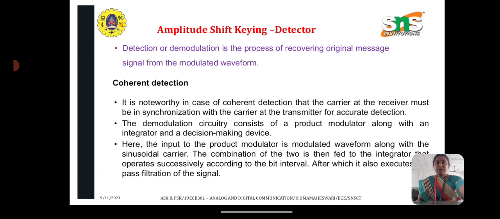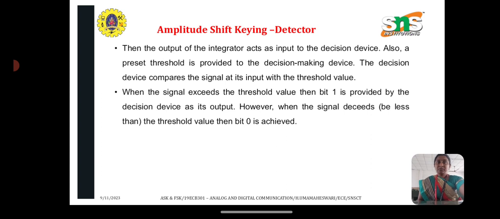The combination of the two is then fed to the integrator, which operates over the bit interval and also performs filtration of the signal. When the signal exceeds the threshold value, a bit 1 is provided by the decision device as its output. However, when the signal falls below it, the bit will be 0. If it is high, the bit is 1. If it is low, the bit is 0.